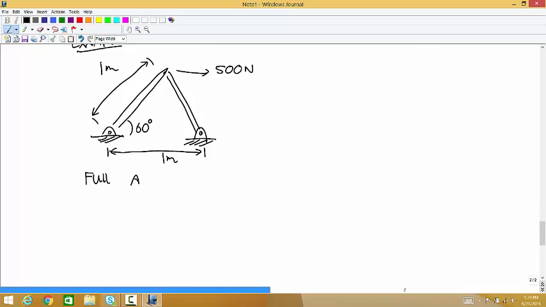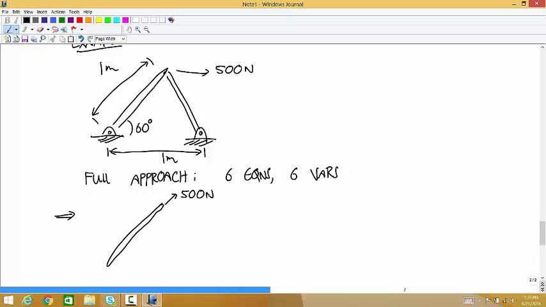We did this with the full approach, and we got 6 equations for 6 variables. And the result that it gave us was that this member was in tension with a magnitude of 500 newtons, and this member was in compression with a magnitude of 500.